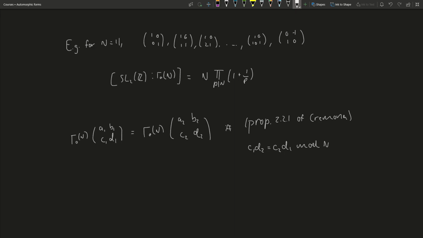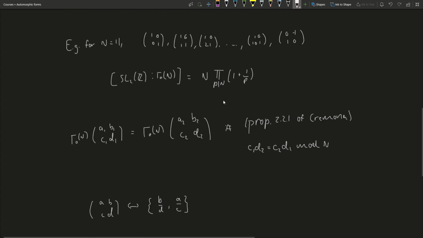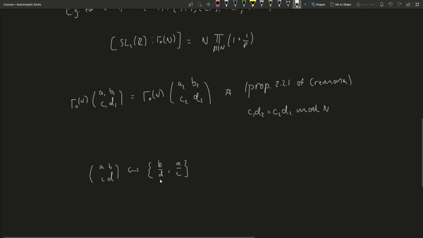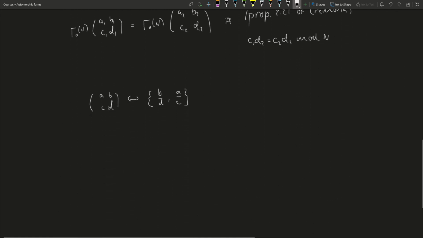So there are also these maps, right, that (A, B, C, D), you can think of this as the path, this corresponds to the path B over D, comma, A over C. So this is how you can break things up. And so you can really be thinking entirely of just the coset representatives, or the cosets, instead of paths for all of this business, and that makes you able to do the computations.